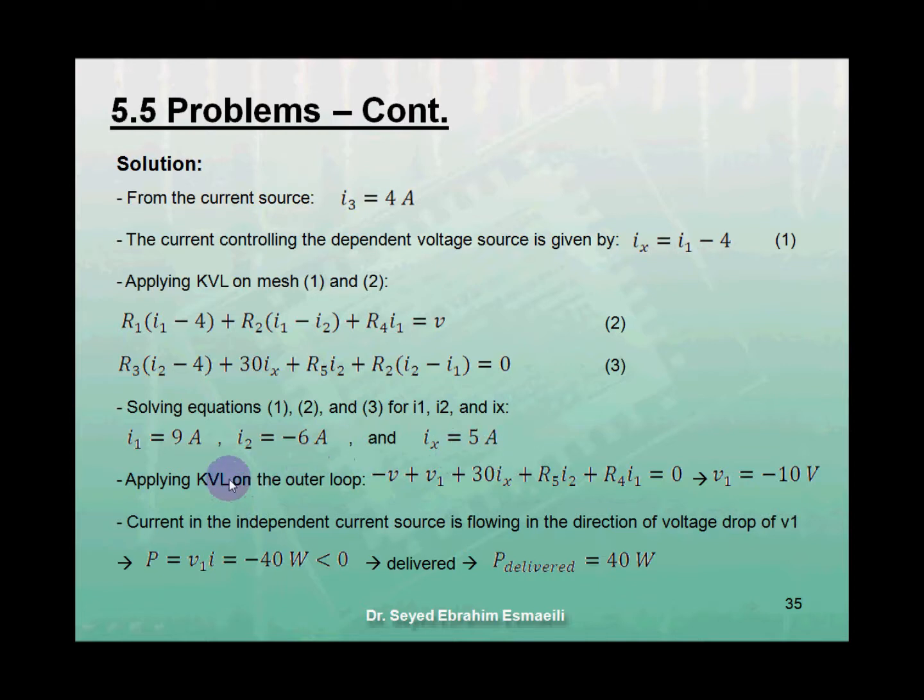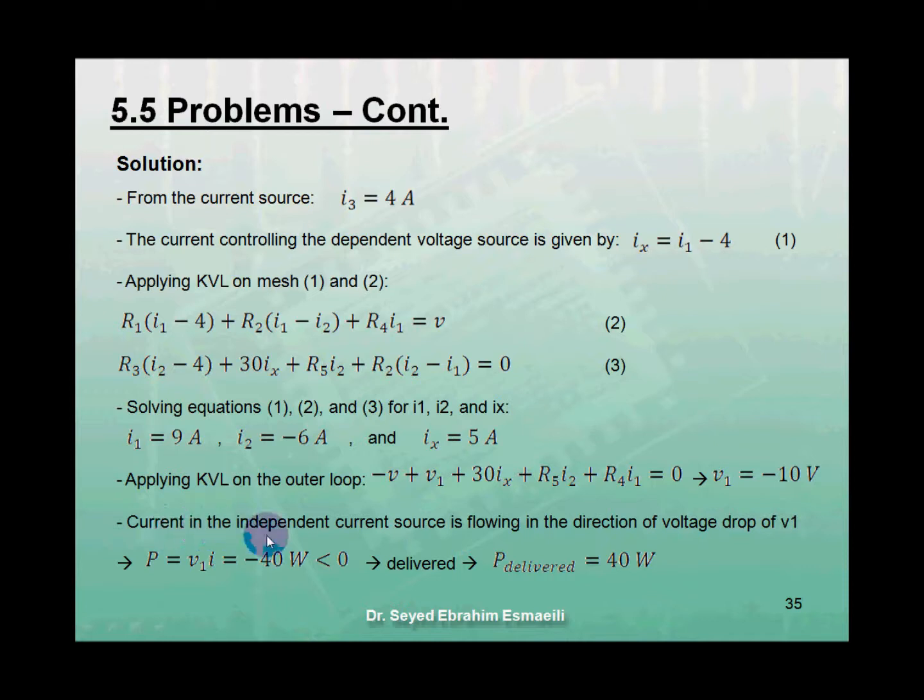In order to find the power delivered by the current source, we need to find the voltage across its terminals, V1. In order to do that, we apply KVL on the outer loop, where we have minus V plus V1 plus 30Ix plus R5 times I2 plus R4 I1 equals 0, from which V1 equals minus 10 volts.